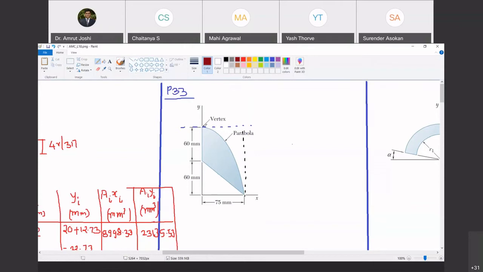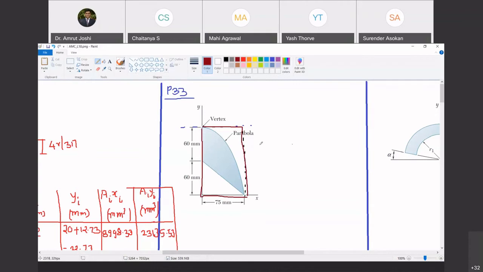Exactly. So that's what we are going to do. That means we have to consider this rectangle. Do you agree with me? Yes, sir. Who was it who told me this? Sir, me, Chaitanya.